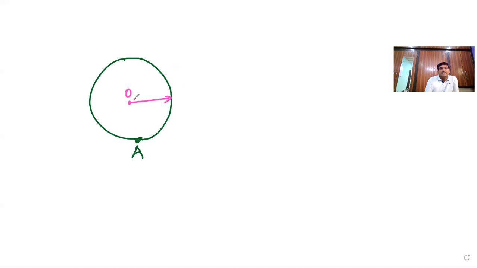Observe here. Let us say this is a circular track. The athlete starts from point A, and the track has a radius, with this being the center of the track. The radius is 50 meters.